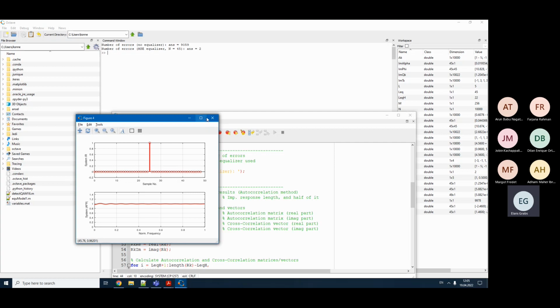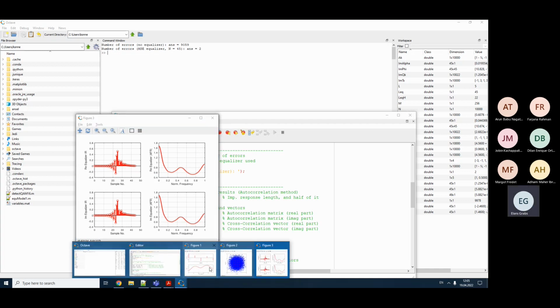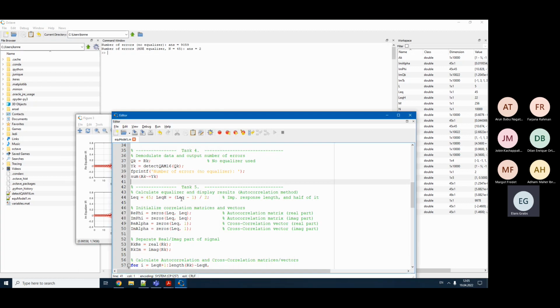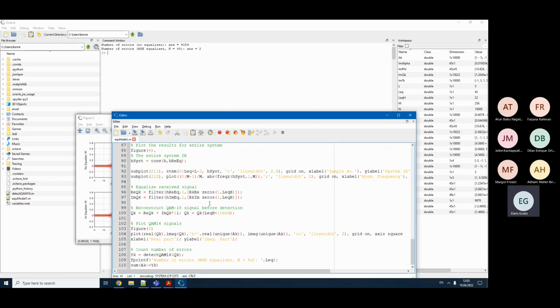So we now have knowledge of how to calculate this equalizer. Next week we'll start with the second part of this practical exercise with the iteration method, which will calculate exactly the same equalizers with a different method. And we'll see the specifics of that method.